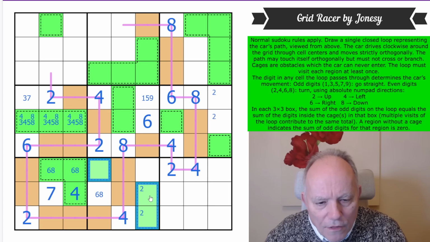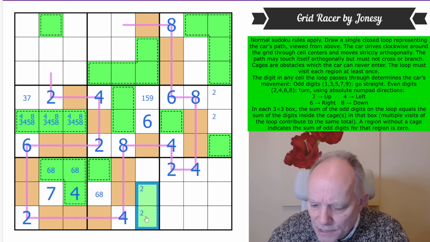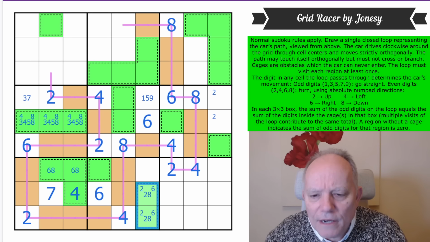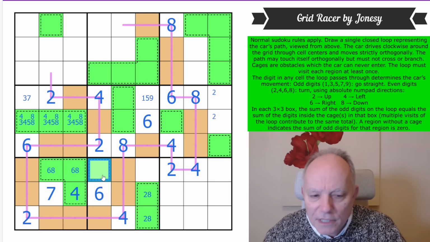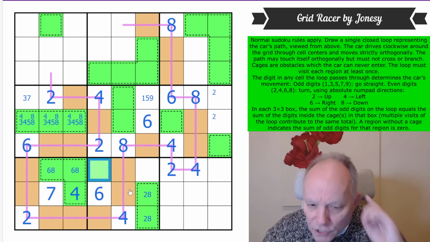So these have another even digit in, because it can't go there. This is a 2-8 pair, and that's a 6. So, oh, well, I don't like, yeah, no, that's okay. I didn't like it because I thought the even digits were adding up to 10, but they're not. This is an odd digit. So green are adding up to 10 plus that.